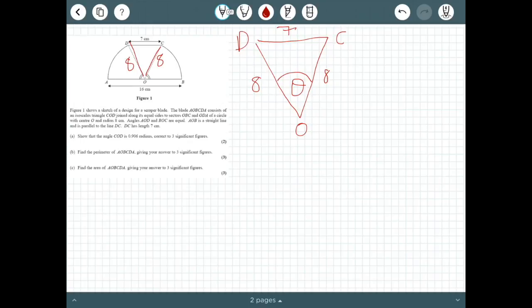So this is a triangle with 3 lengths that we know and 1 angle that we don't know. Hopefully you can realize that this has to use the cosine rule.